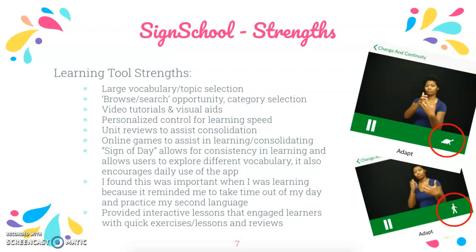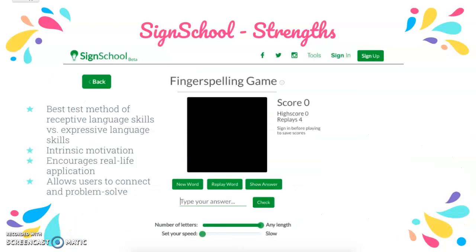It also provides interactive lessons that engage learners with quick exercises, lessons, and reviews. One of the strengths with the Sign School application was the finger spelling game. This game encouraged learners to watch a quick video on different letters being put together to spell a word.